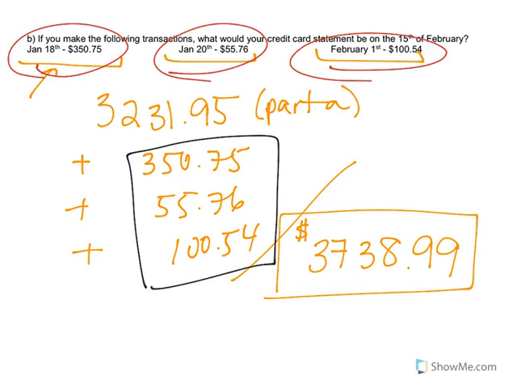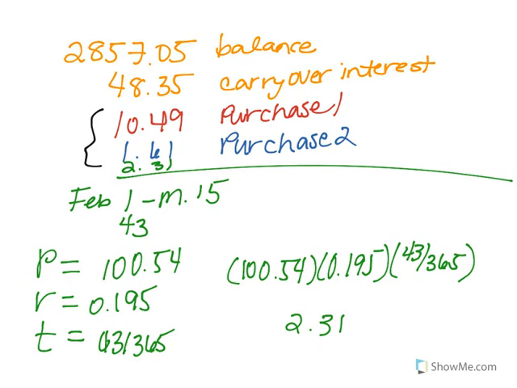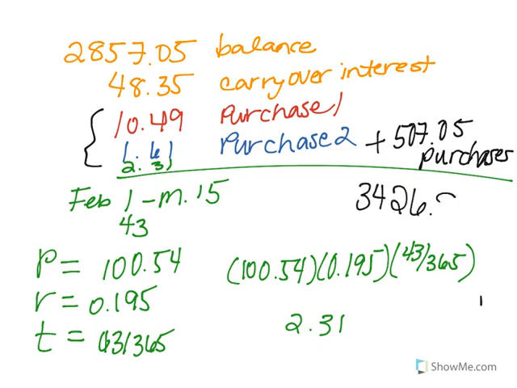So those purchase amounts equate to $507.05. So we also need to add in $507.05 for purchases. So altogether, on your credit card, you should be owing $3,426.86.